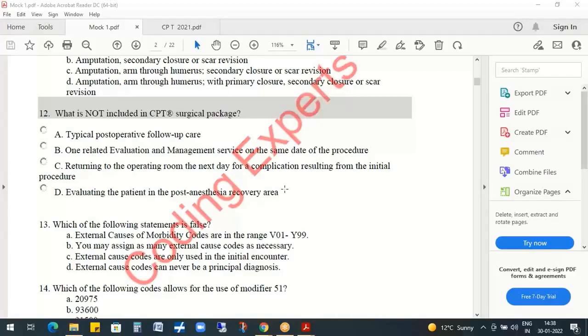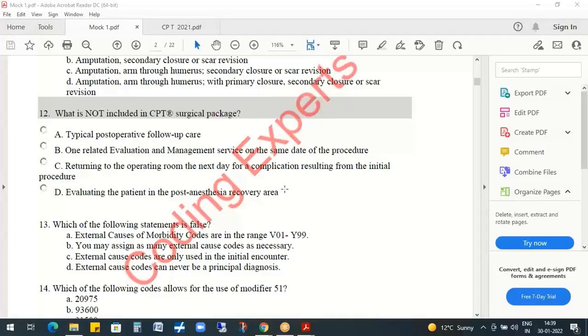Who asked me this question? Yes, sir. Table of contents will be there in the ICD. There you can see chapter wise, chapter 20. If you see the first one, external causes of morbidity. They have given the range, that is true.